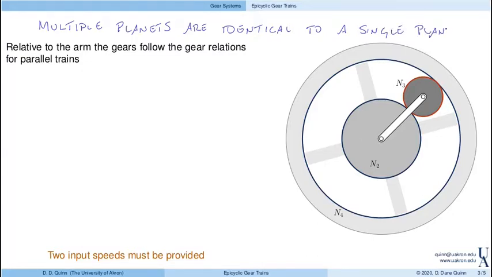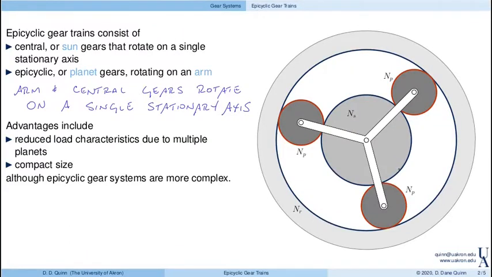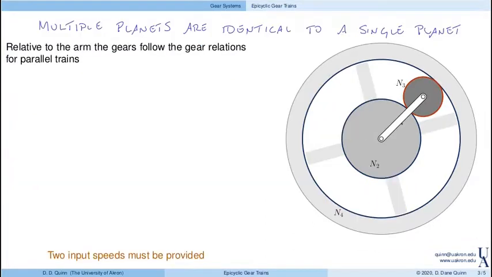And really that's because each planet does the same thing. If I go back and look at the previous example, I had three planets. Well, they all rotate about the sun. They all spin with the same speed. They're just offset from one another. And that's going to be identical to the motion of this system with one planet.